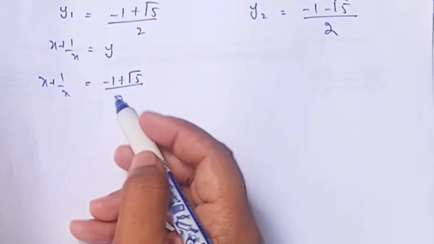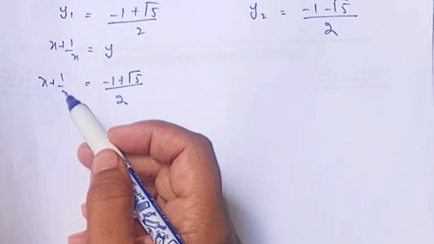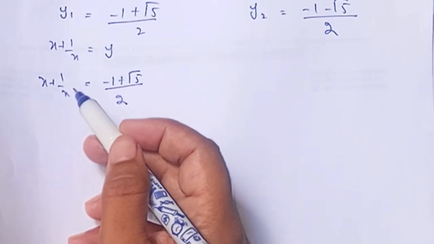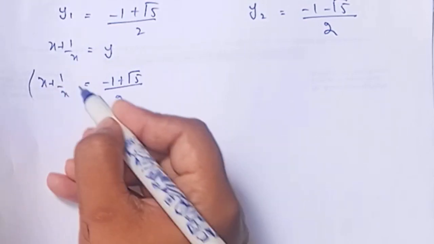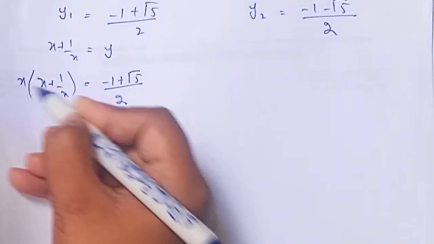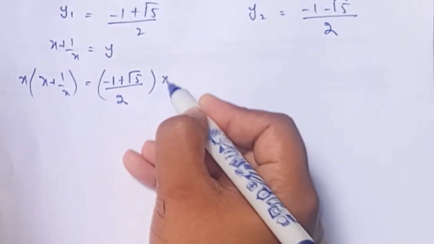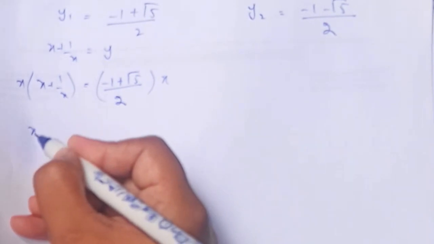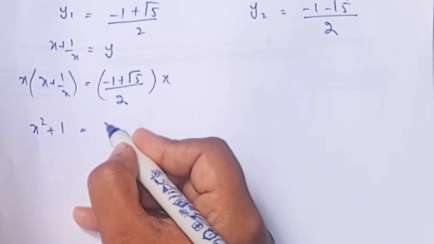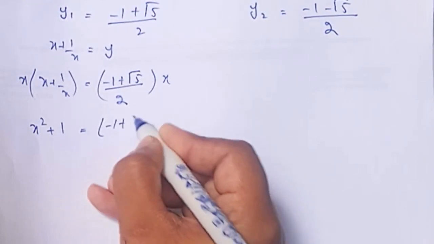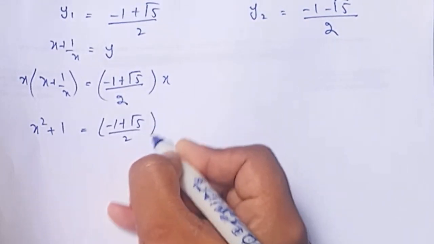Now in the first step, to solve this equation, we multiply both sides by x. So this becomes x square plus 1 is equal to (minus 1 plus square root 5 over 2) times x.